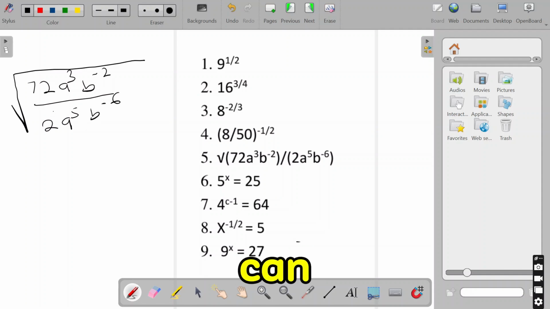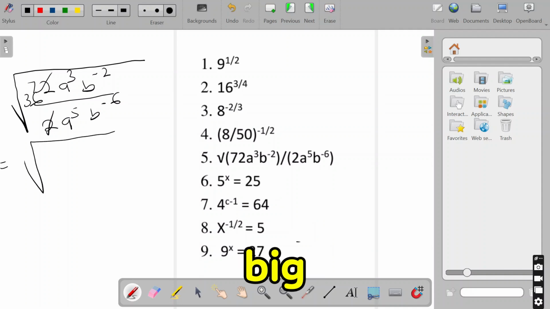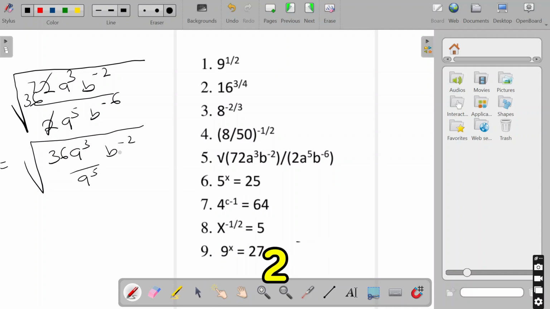So we can quickly divide this. This gives us 36. So we have a big square root sign, 36 a raised to power 3 over a raised to power 5, b raised to power minus 2 over b raised to power minus 6.